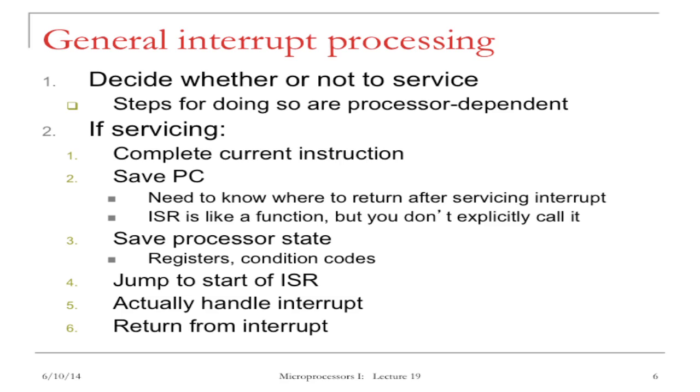The microprocessor also has to save its state, including general purpose registers, index registers, and also condition codes. It will then jump to the start of the interrupt service routine. That's where the actual operation will begin.